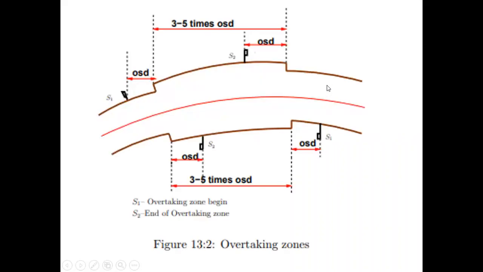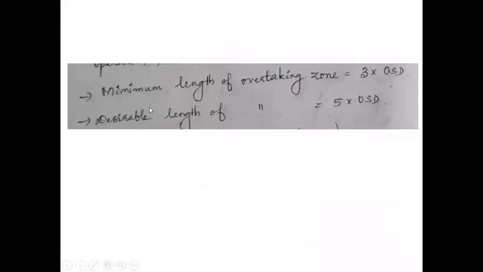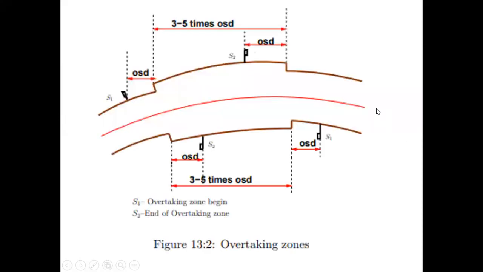At least it should have a minimum length. Minimum length is taken as three times the actual overtaking distance, and the desirable or maximum length is 5 times the actual overtaking distance. That is what is shown here.